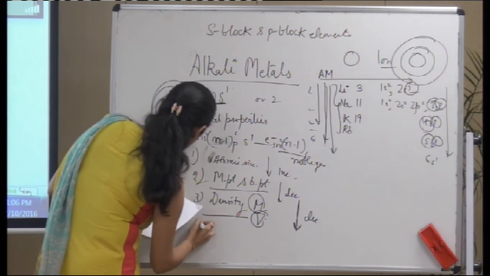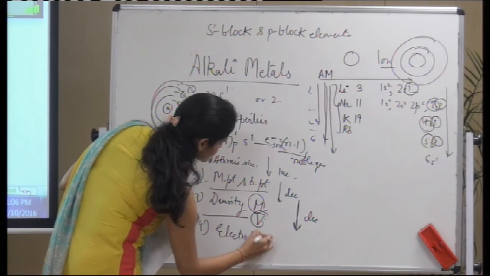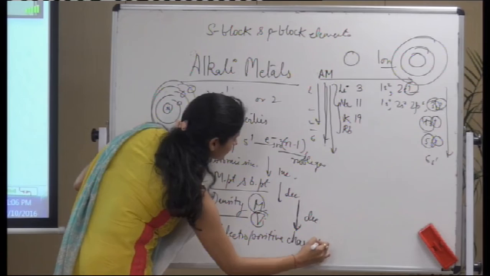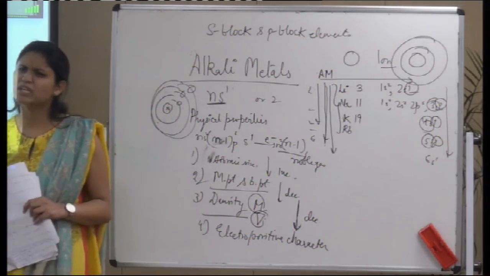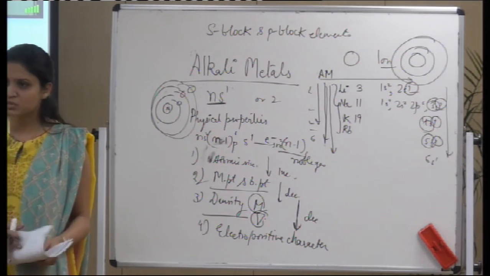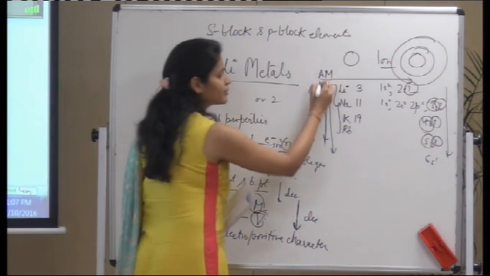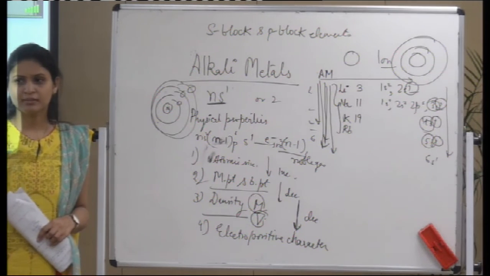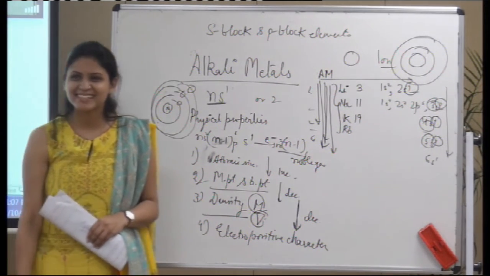Next property is electropositivity. What is electropositive character? It means it can lose an electron. What is electronegativity? That means it can accept an electron. So down the group, what do you think? The electropositive character should increase or decrease?